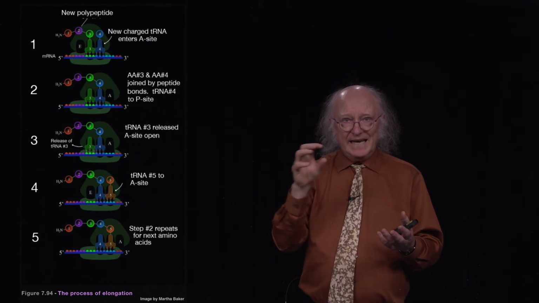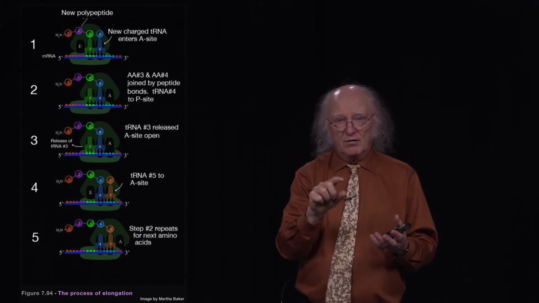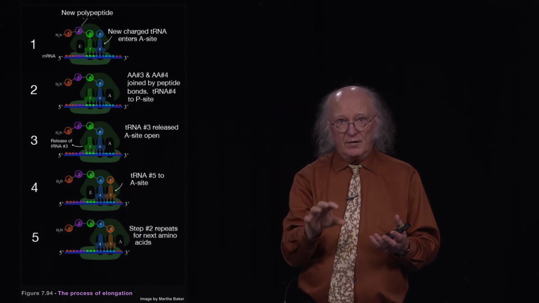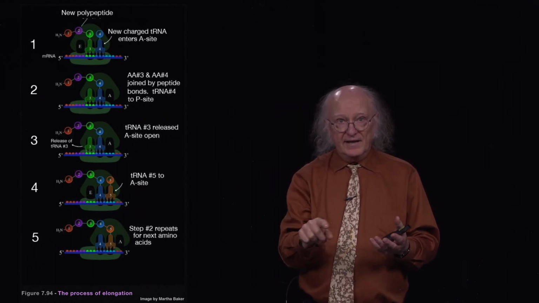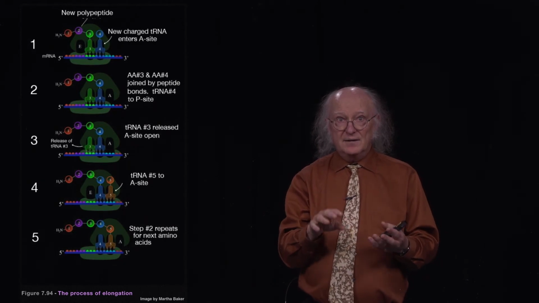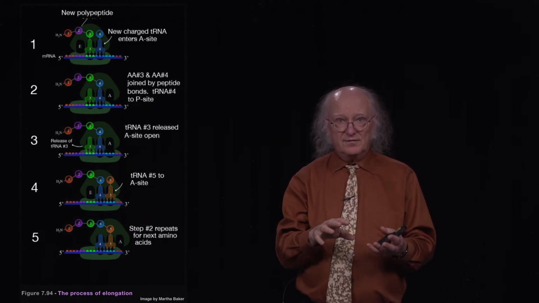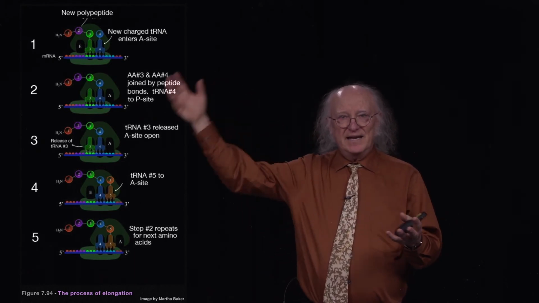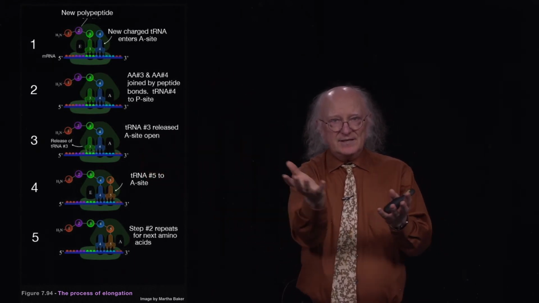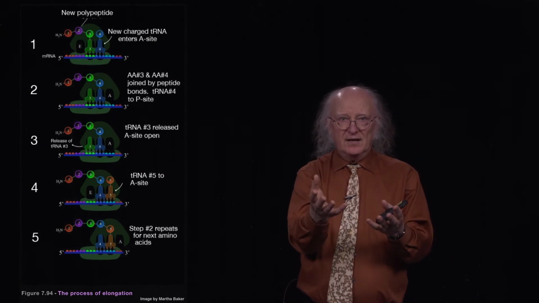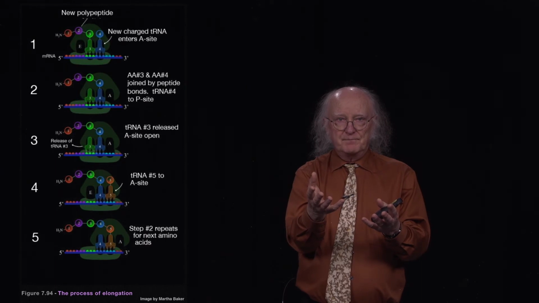On the other hand, if proper base pairs are formed between the anticodon of the transfer RNA and this codon that's in the A site of the ribosome, then EFTU says everything is fine. It cleaves GTP and then it leaves that transfer RNA in the A site of the ribosome, okay?